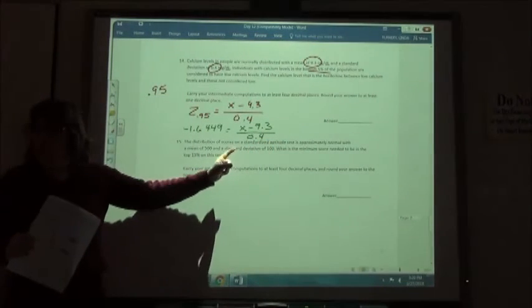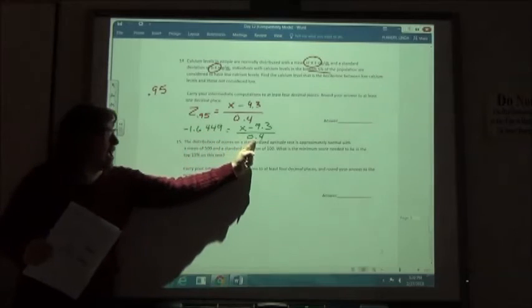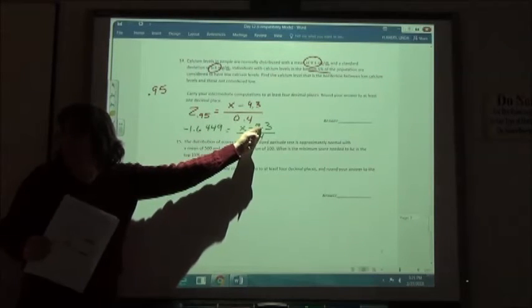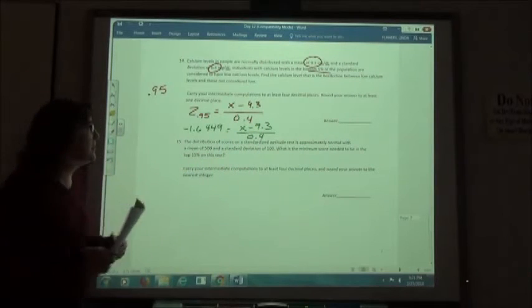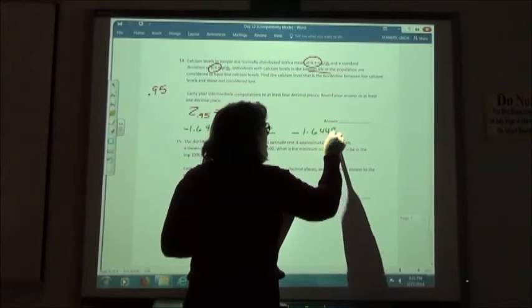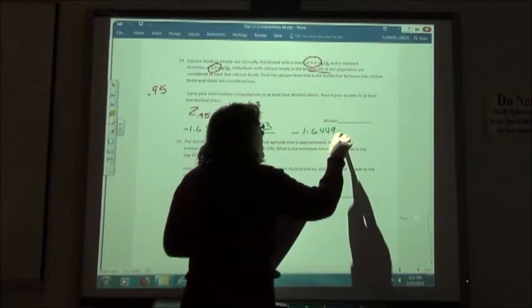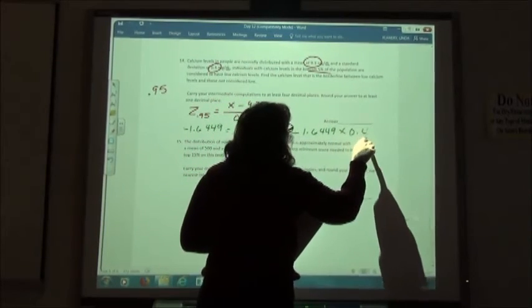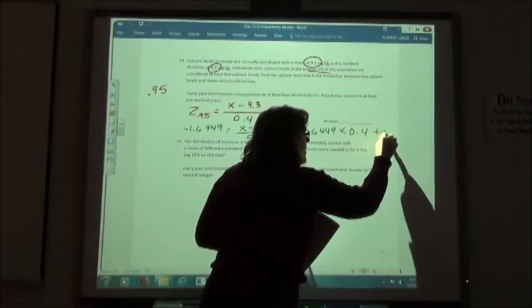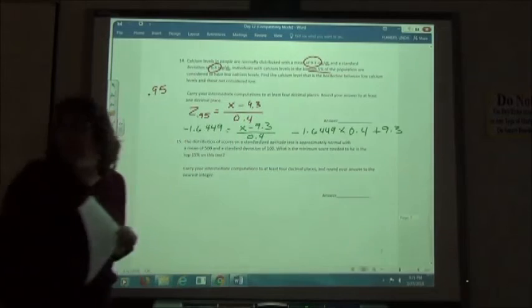So when we solve this, we're going to take this times the bottom number, and then we're going to do the opposite of whatever's on the top. So since it's a minus, it's a plus. So we're going to take the negative 1.6449, or just leave the number in your calculator, times the 0.4, which was on the bottom of our fraction, and then we're going to add the 9.3.